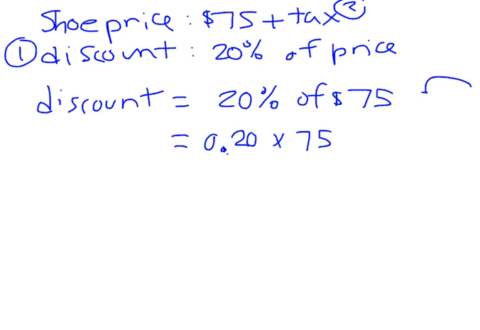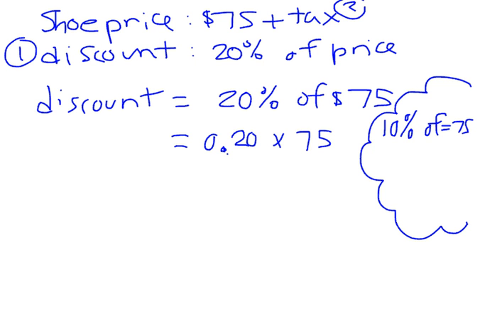20% is 0.20 times 75. So I'm just gonna put here a little reminder for you: you should remember what's 10%. What is 10% of 75? 10% is 10 over 100, and it means that you divide by 10.